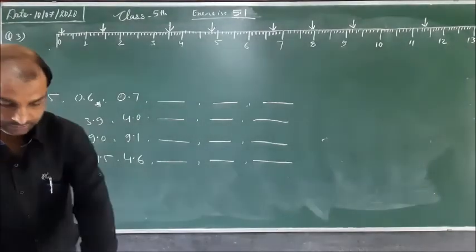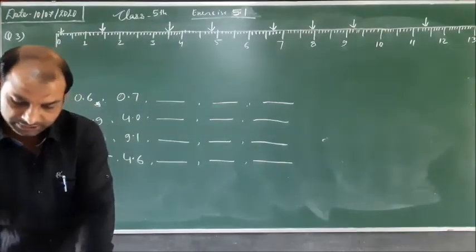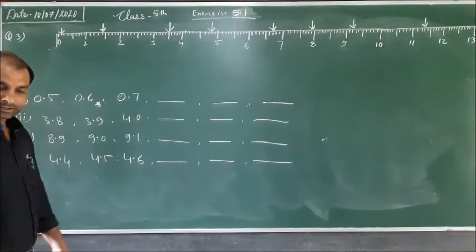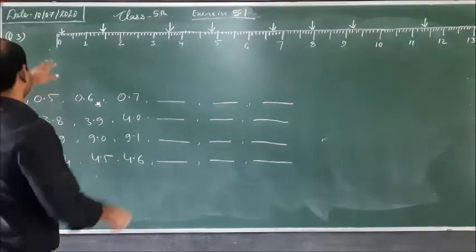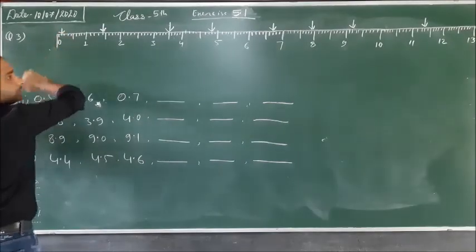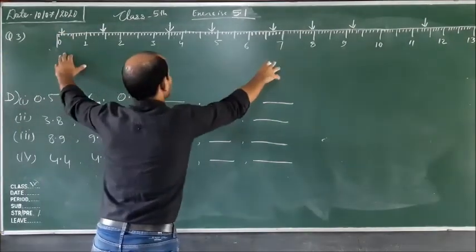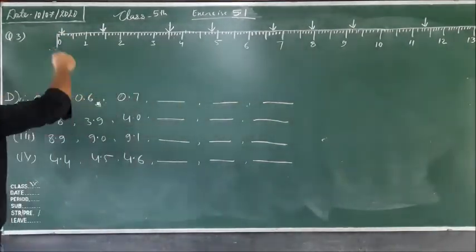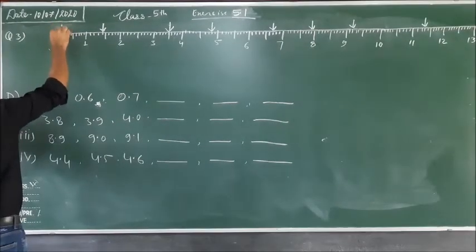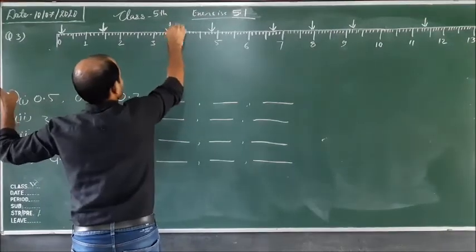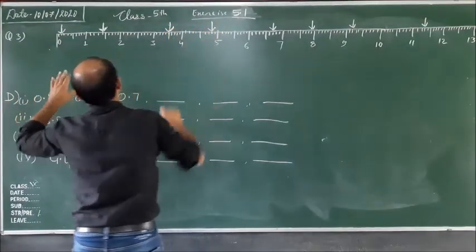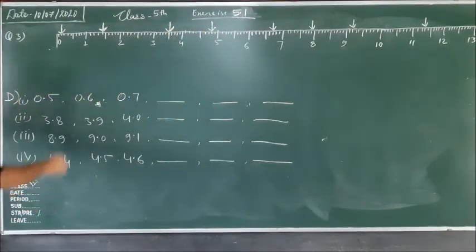Now, dear children, question number three: write the decimal for each point marked on the scale. Here we make a scale, and the marked points are shown with arrows. So we write the decimals.